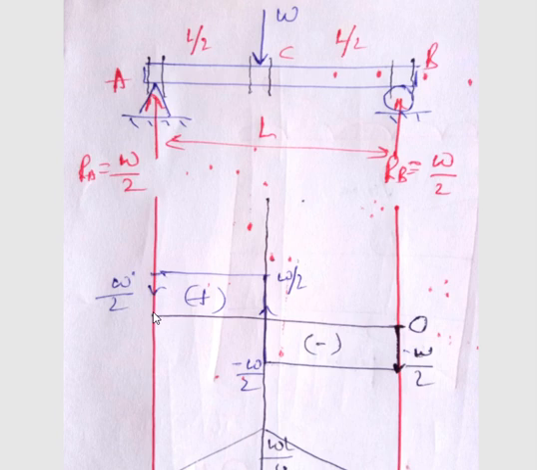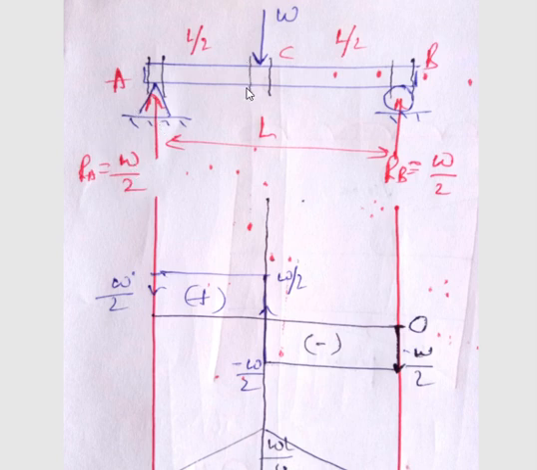You can go from the right hand side or from the left hand side. For example, if I consider this section and go from the left side, I need to consider all the forces on the left hand side. For this section there is only one force, that is W by 2.